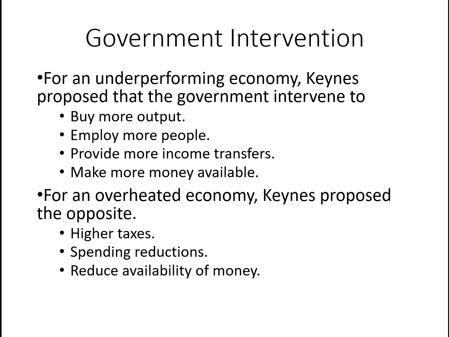The government can also reduce the availability of money. Those are the three possible tools to cool down the economy. So this is about the tools the government can use when the economy is inherently unstable.